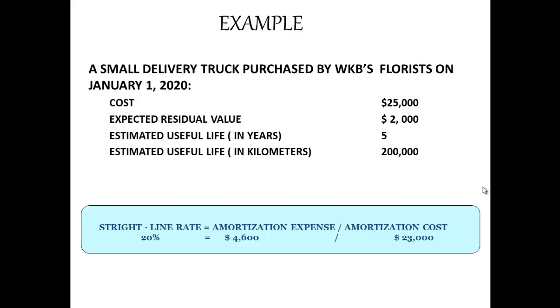So here's an example, guys. A small delivery truck purchased by WKBS Florist on January 1st, 2020. The cost of the asset would be $25,000 and the expected residual value is $2,000. The estimated useful life is 5 years, and the estimated useful life in kilometers is 20,000.